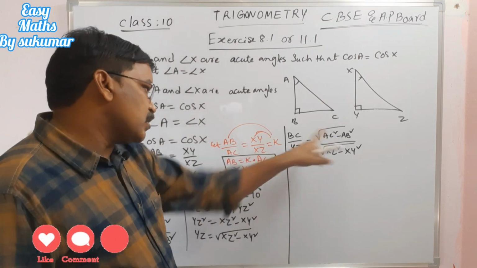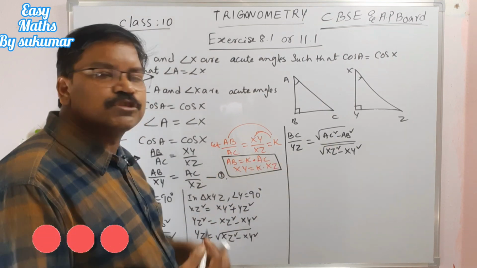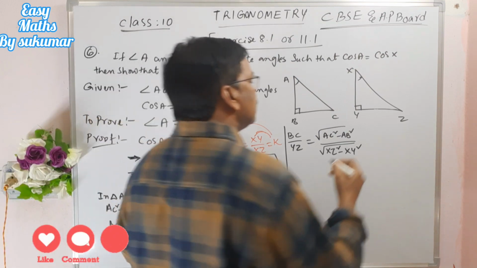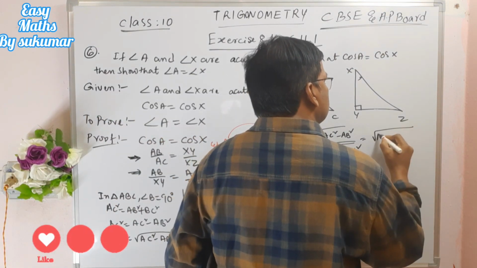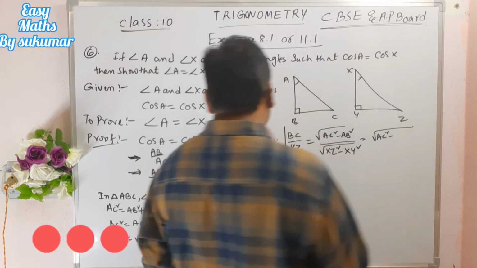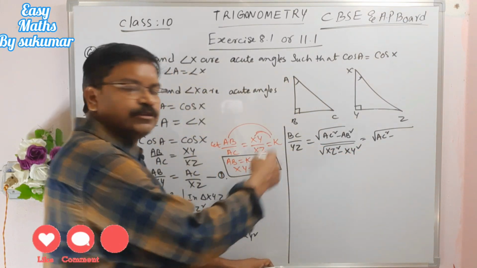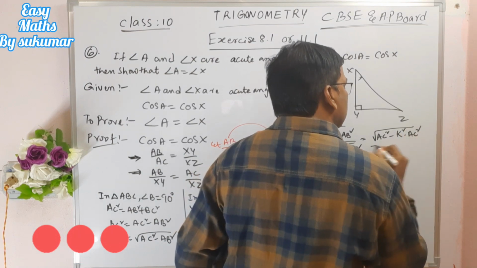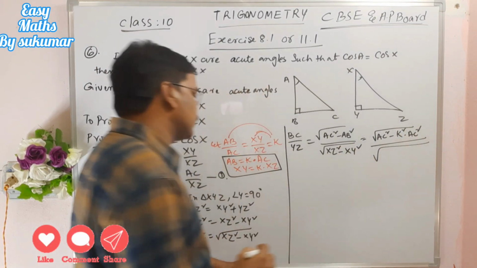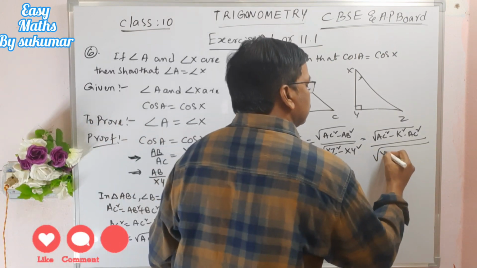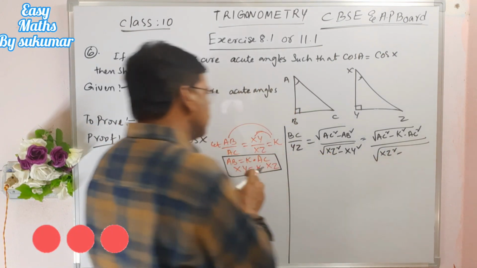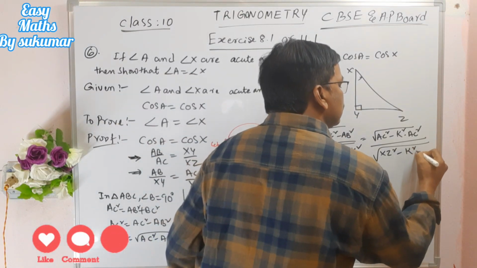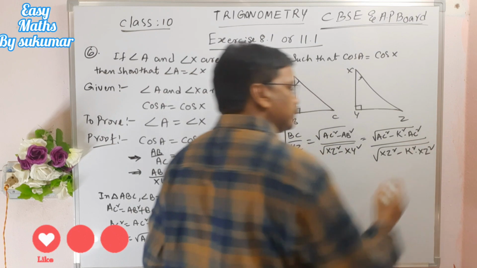But instead of AB, we can substitute k times AC. So this is equal to root of AC square minus k square into AC square, divided by square root of XZ square minus, instead of XY, we can write k into XZ, that means k square into XZ square.